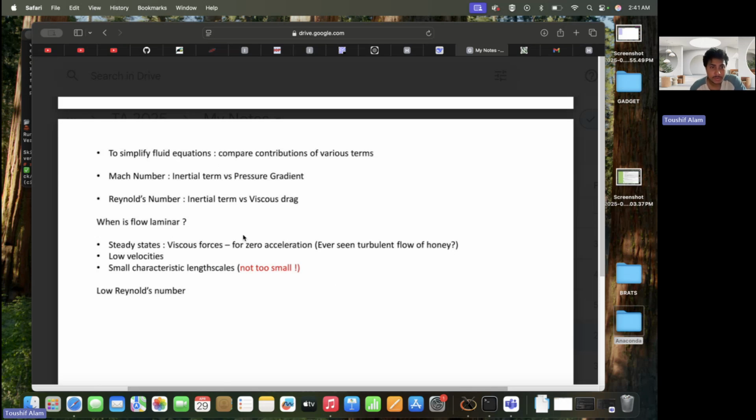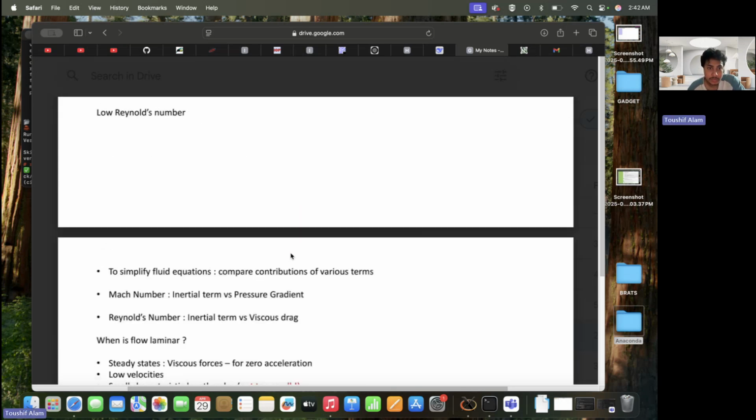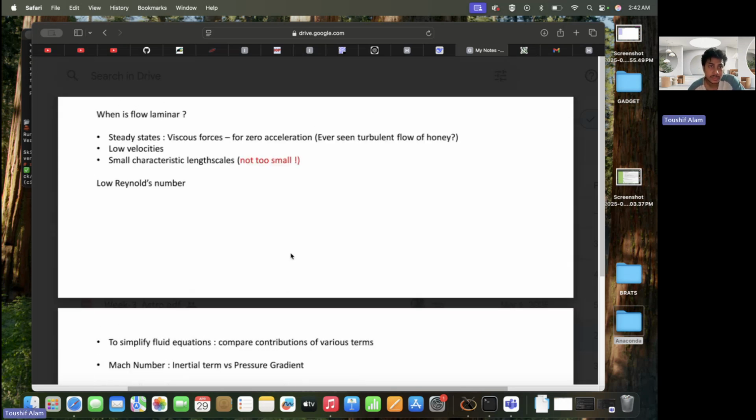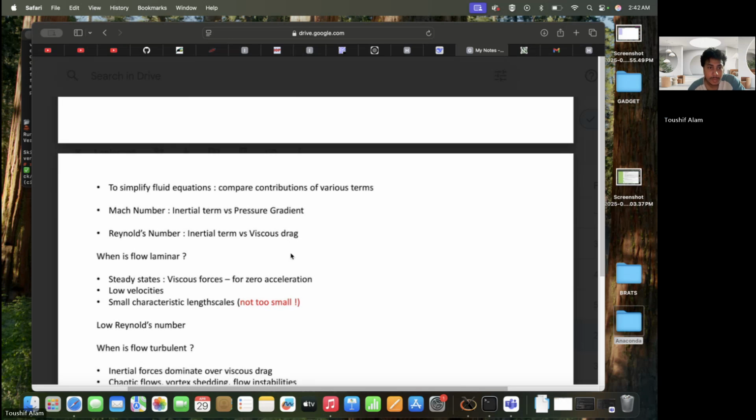So then you consider the flow to be laminar, right? When the flow is steady, there will be no acceleration, so it won't be turbulent. Turbulence is the opposite of laminar flow. So a low Reynolds number is considered laminar flow.